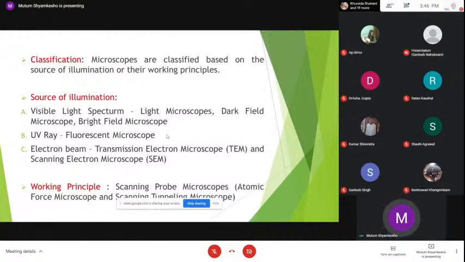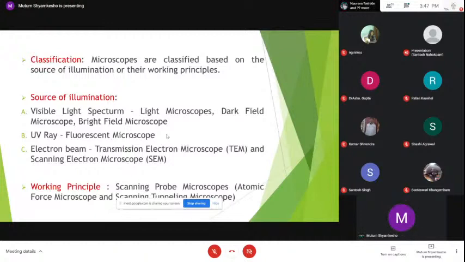Under this group are the light microscopes, which include the bright field microscope, the dark field microscope, and the phase contrast microscope, which use the visible light spectrum as a source of illumination.